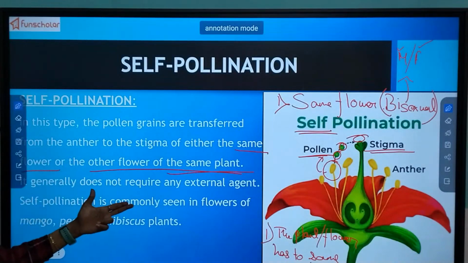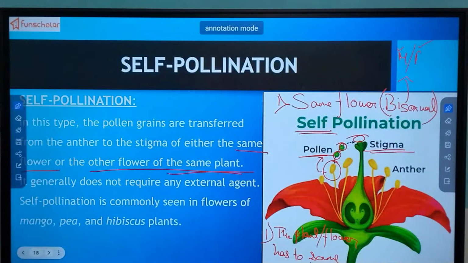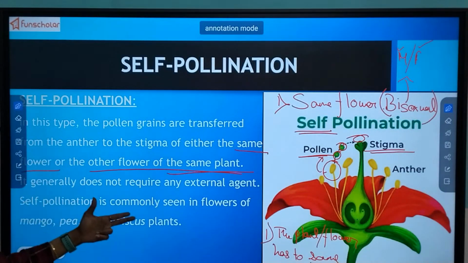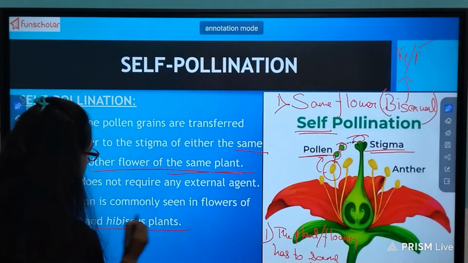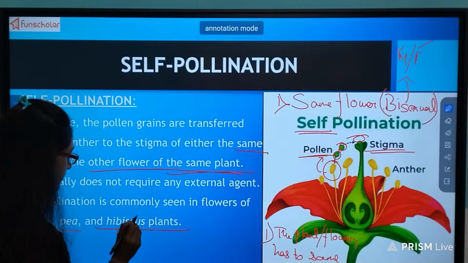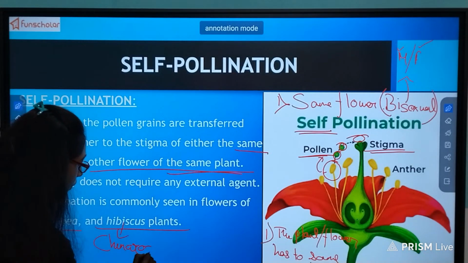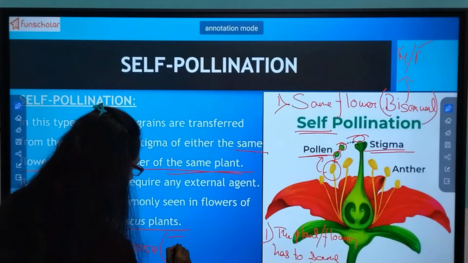It generally does not require any external agent. Self-pollination is commonly seen in mango and hibiscus plant. What is the other name of hibiscus? Common name is China rose or Jaba phool.